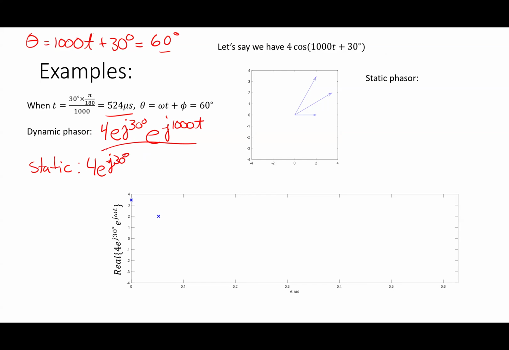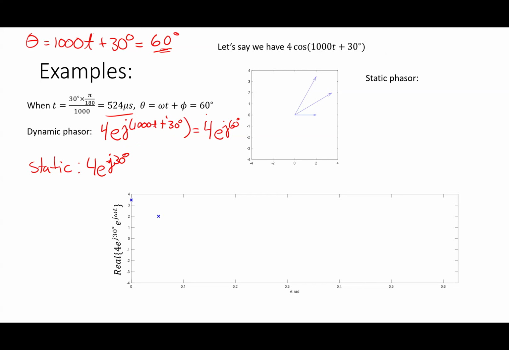Now, at this particular time, at 524 microseconds, the dynamic phasor has a theta value equal to 60 degrees. So basically, 4e^(j(1000t + 30 degrees)) is apparently 4e^(j60 degrees).